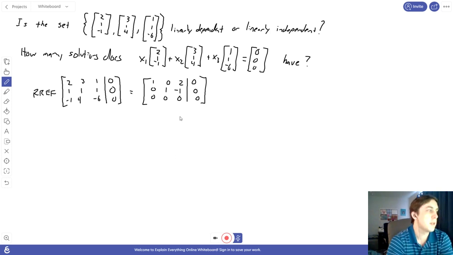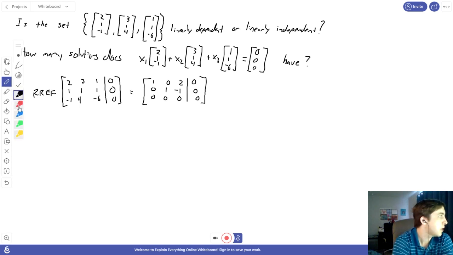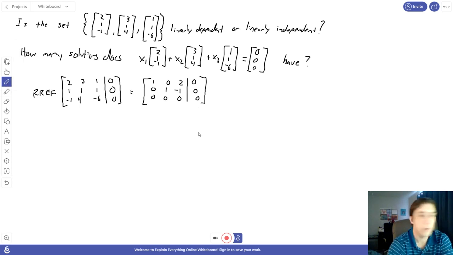All right, so as I said, we always have a solution. The question is if we have one solution or if we have infinitely many solutions. And the key thing that's going to tell us how many solutions we have is whether we have any free variables or not. So whenever we have a free variable, that's going to correspond with infinitely many solutions, because that free variable could take on any real number value.